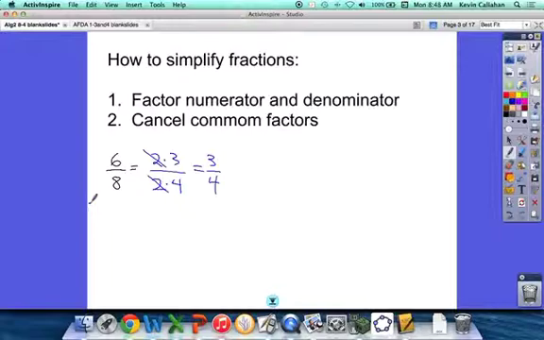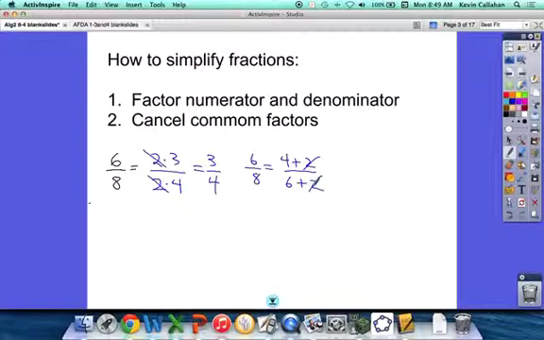Now, what we tend to do, which is not correct, is to do something like this. Let's say I say 6/8, and I could say this is 4 plus 2 over 6 plus 2. We tend to look at it when we see even a common term in the numerator and denominator and think that you can cancel that, but you can't, right?